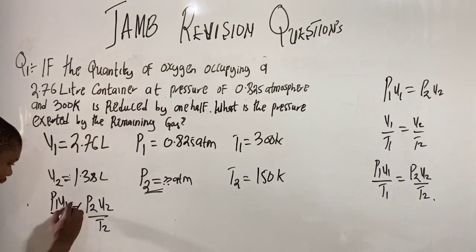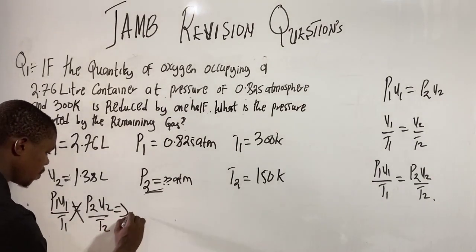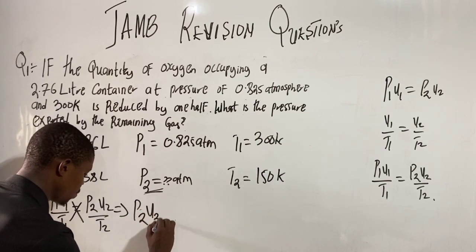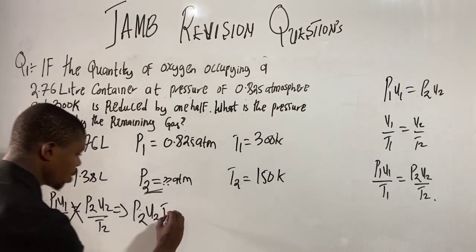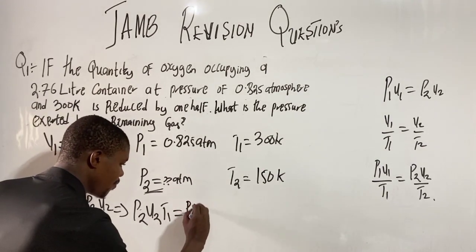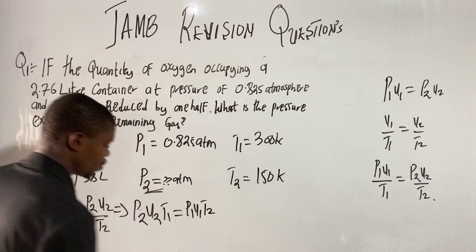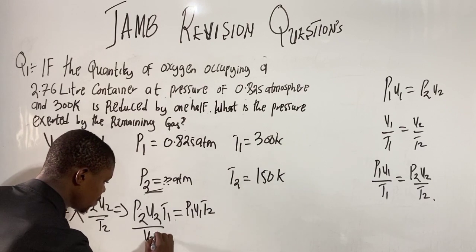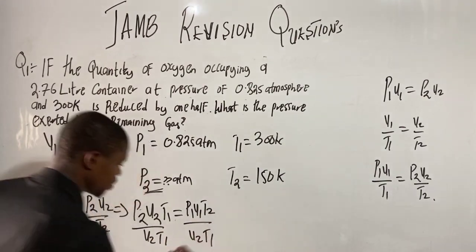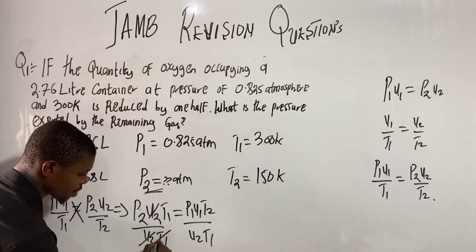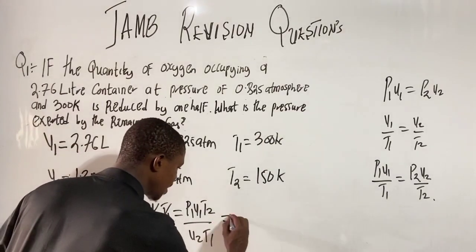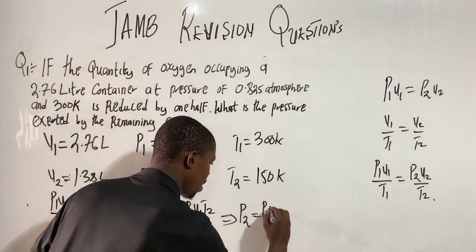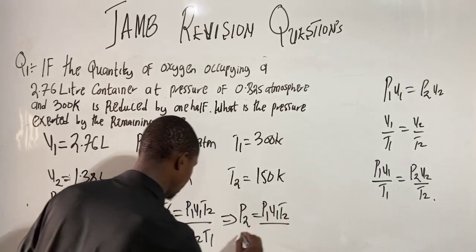So if I cross multiply here, I'm going to have P2 V2 T1 equals P1 V1 T2. Do you get that? So what am I going to do here? Divide both sides by V2 T1. This will cancel out this, and this will cancel out this. So here I have P2 equals P1 V1 T2 over V2 T1.